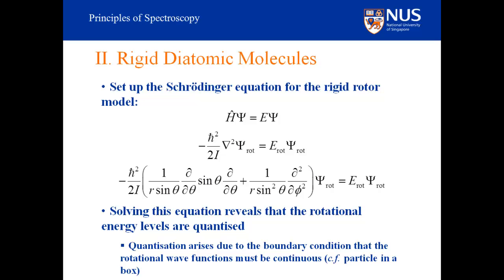The wave function will be changing as I go round the equator, but when it gets back to its original position, the wave function has to be the same as it was 360 degrees earlier. So that is the boundary condition. The fact that this boundary condition exists means I'm going to get quantization in this system, just like we had for particle in the box.